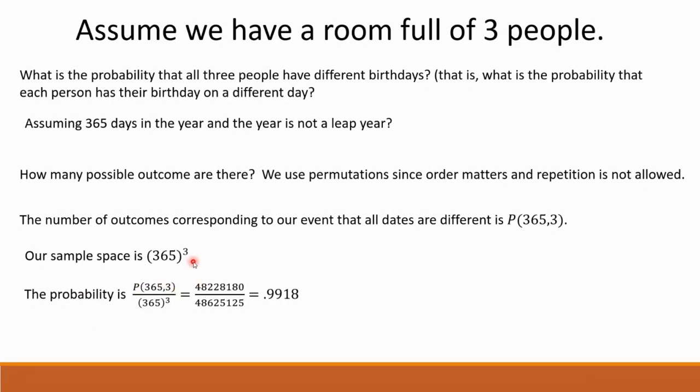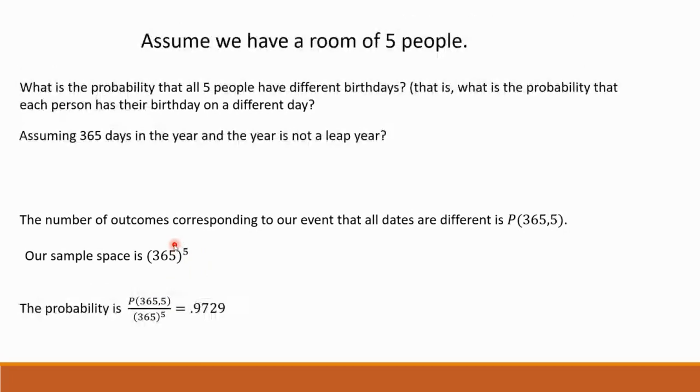There's 3 people, so for each person, there's 365 possibilities. So the sample space we got from the basic counting rule. What about 5 people? For 5 people, the idea is similar, in that we're assuming there's 365 days in a year, so it's not a leap year.